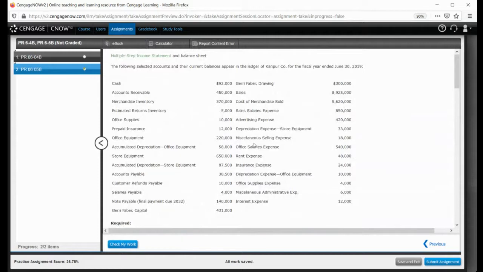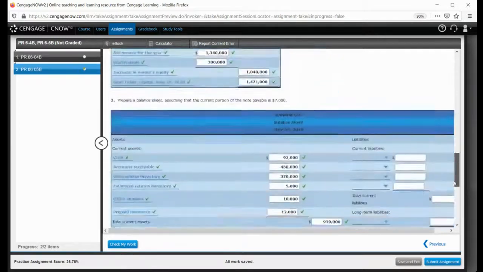The next type of plant asset or property, plant, and equipment will be your store equipment. The store equipment cost us $650,000.